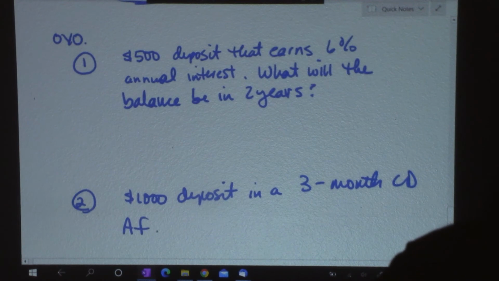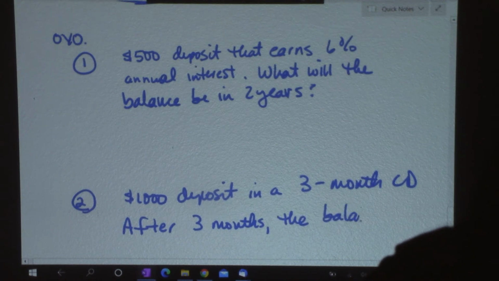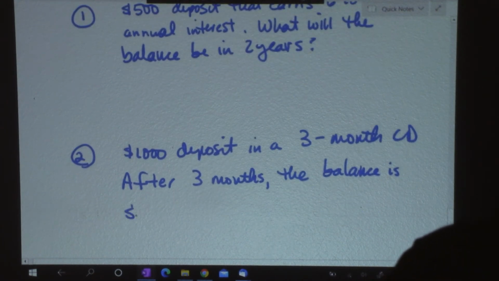After 3 months, the balance is $1,005. Find the interest rate.